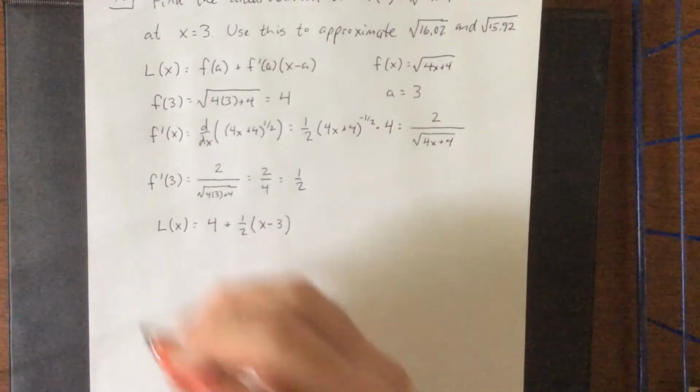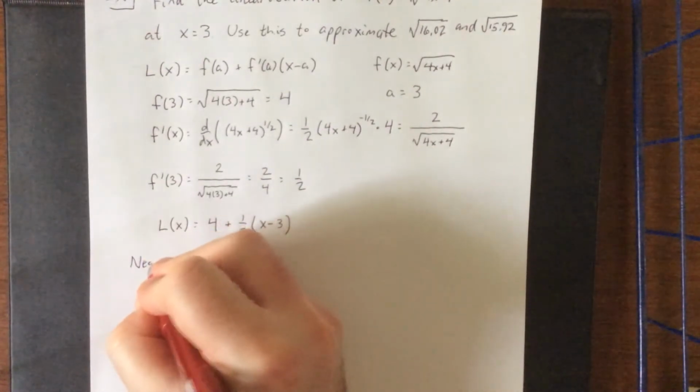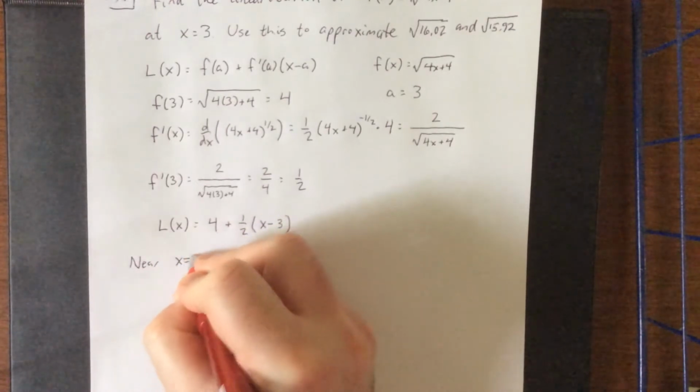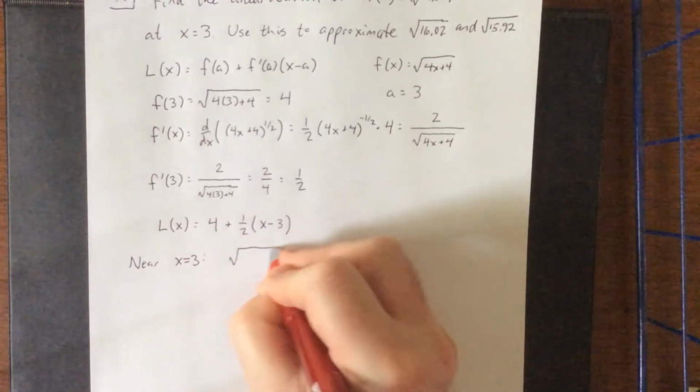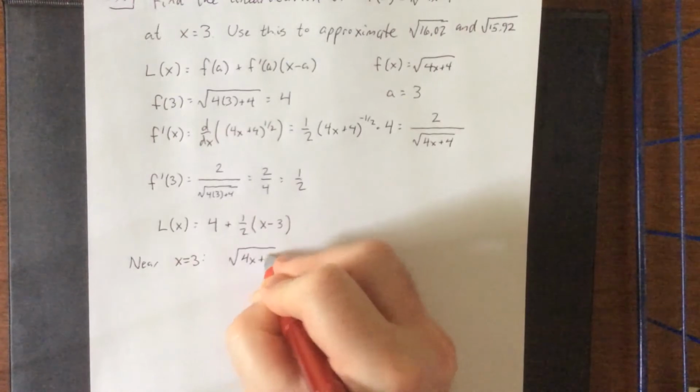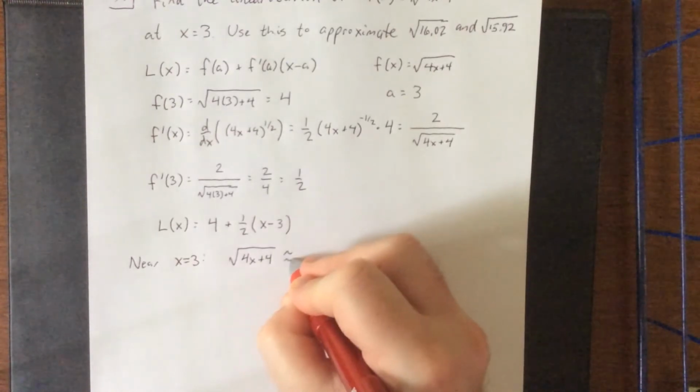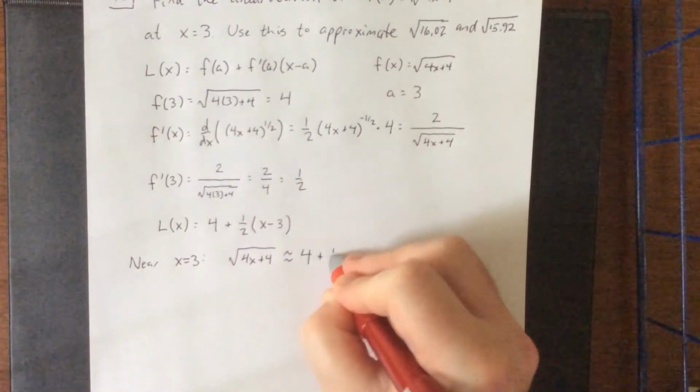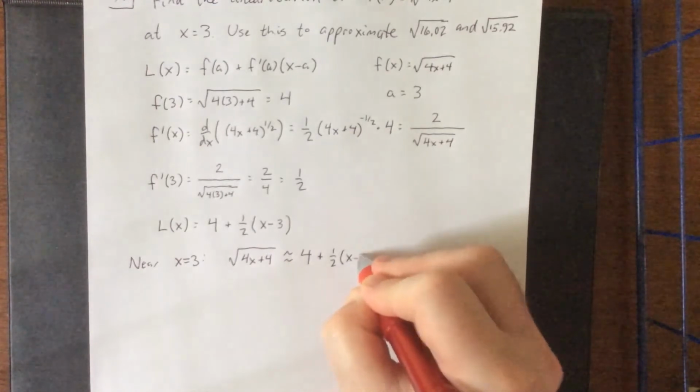Now once again, to interpret this, what we're saying is that near x equals 3, the square root of 4x plus 4 is approximately equal to 4 plus half of x minus 3.